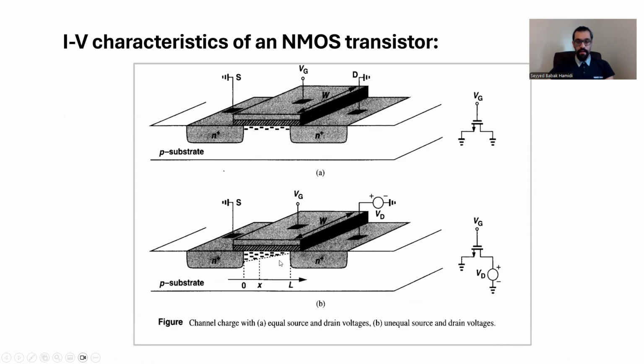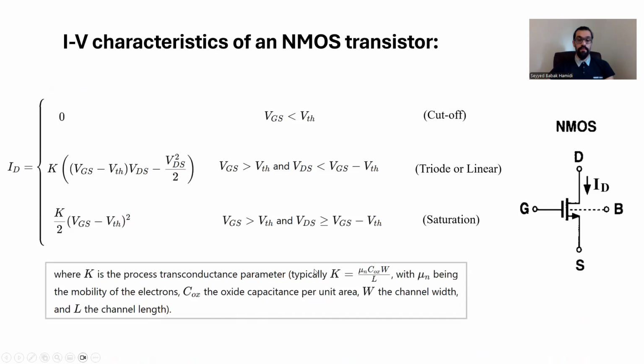The length of the channel, I said, is a fixed number that depends on the technology that we use. For 180 nanometer CMOS technology, the channel length is 180 nanometer, 0.18 micrometer. But W is the width of this transistor, this channel, which depends on us. As a designer, we can change this width.